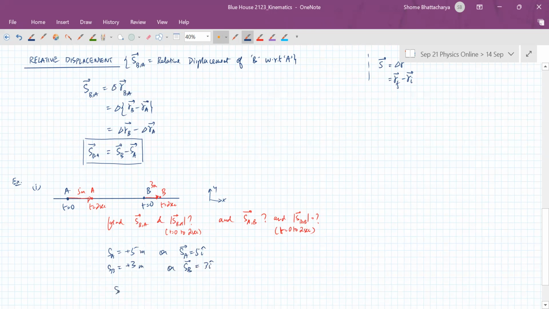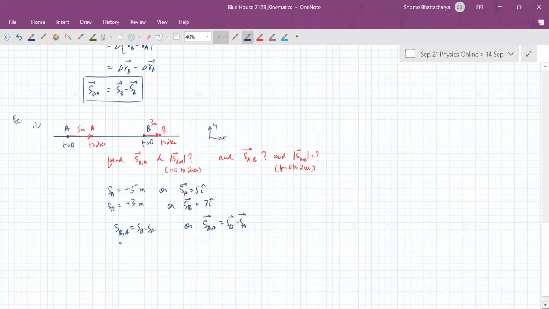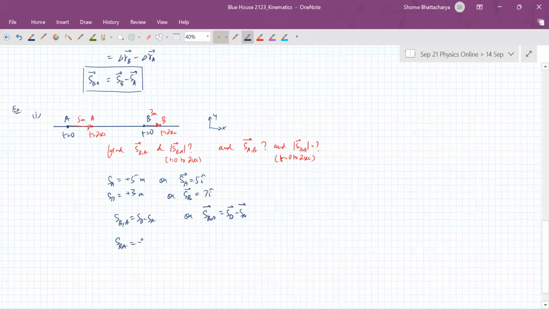So displacement of B with respect to A, or in vector format, this will give us the result minus 2i. So either way, you can see that the magnitude of the relative displacement will be 2 meters.